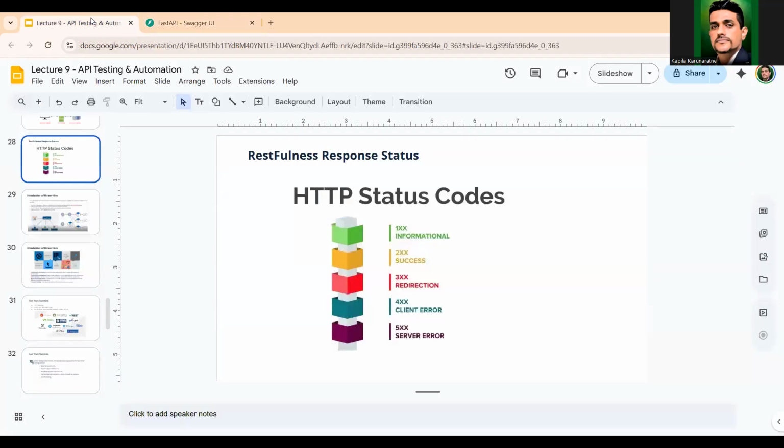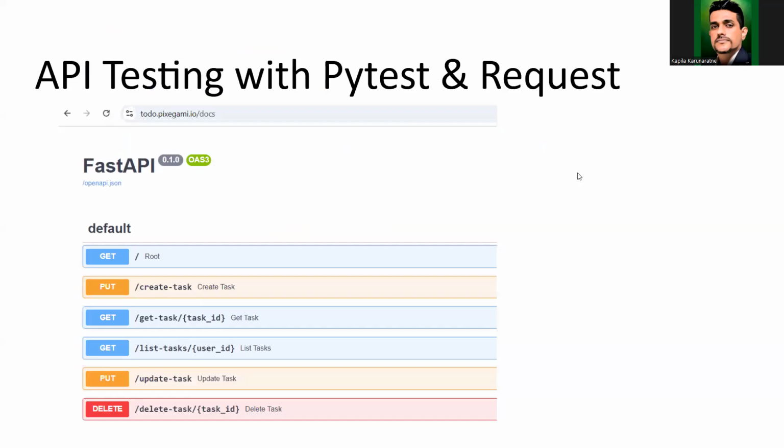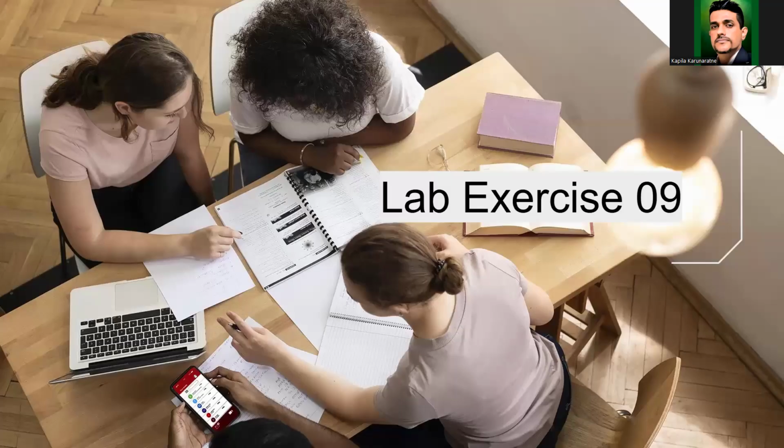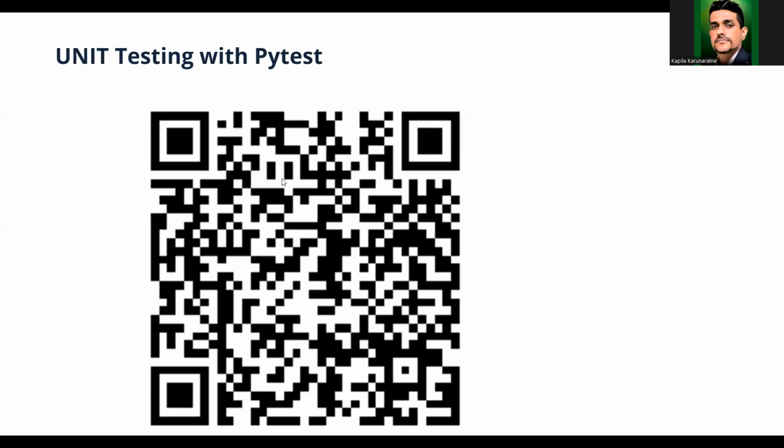Let me come back to my session. Using the same API, you can scan this QR code and find the code, right? So there is web services code. Let me show that Python code. You can try it on your own.